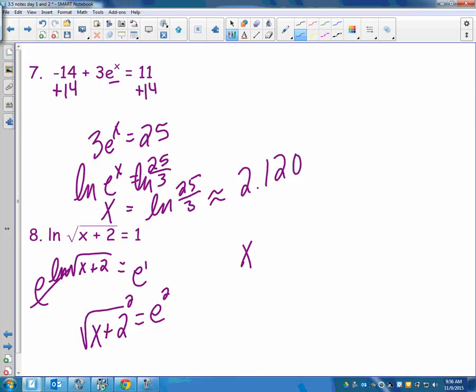So I get x plus 2 equals e squared. And then I'm just going to subtract 2. Remember, e is just a number. So I just get e squared minus 2. That would be my exact answer. And then I can type that in my calculator. e squared minus 2 is about 5.389.